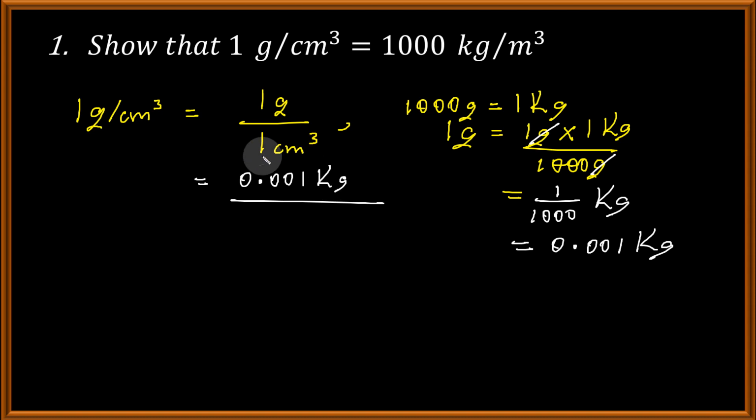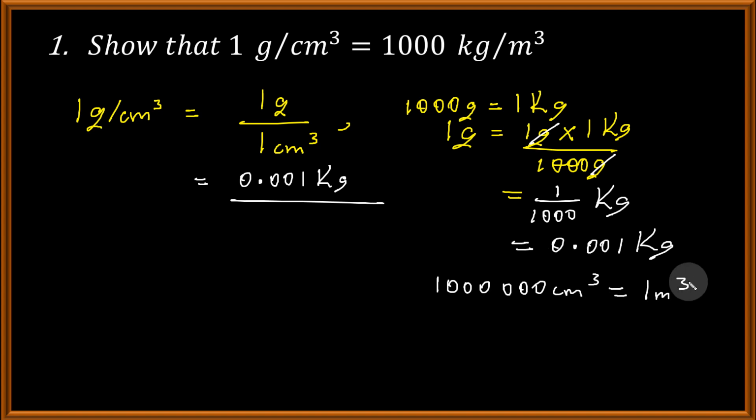The next is to convert 1 centimeters cubed into meters cubed. Again, I need to remember that 1 million centimeters cubed is equal to 1 meter cubed. I just need to ask myself, how many centimeters cubed make 1 meter cubed?